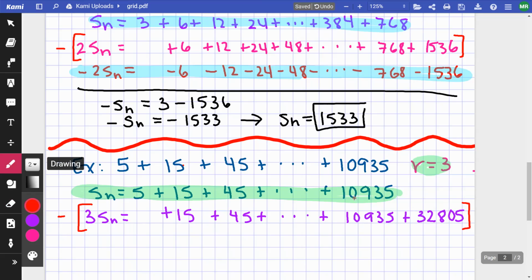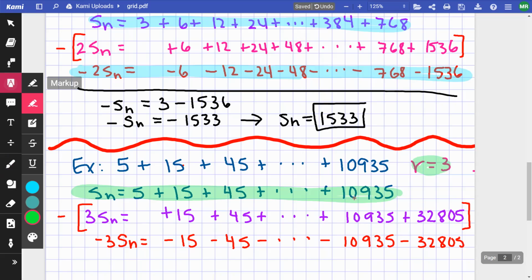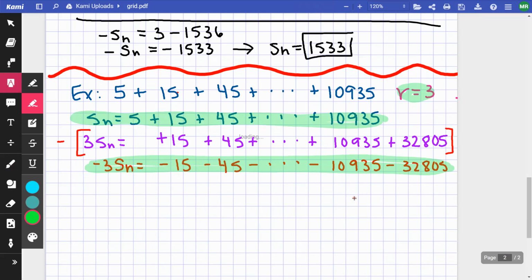So I am going to get a -3 S sub n is equal to a -15, a -45, a negative... negative 10,935 minus 32,805. So I'm taking my S sub n equation and I'm going to minus it, or now combine it with this one here. So I'm going to combine the two green ones I have.